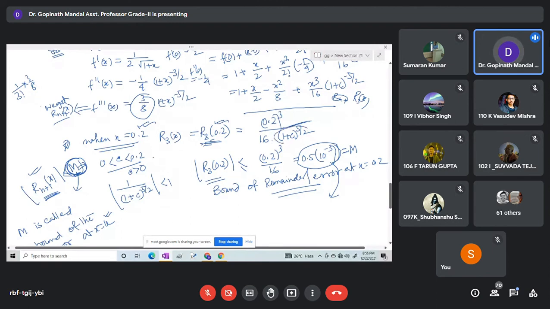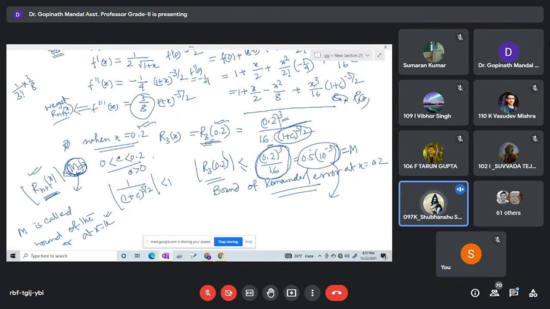Now 1 by this value is less than 1, so R3(0.2) will be less than 0.2 cube by 16. So this is the value of M, and this M is called the bound of error at x equal to 0.2. Sir, why have you taken x equal to 0.2?